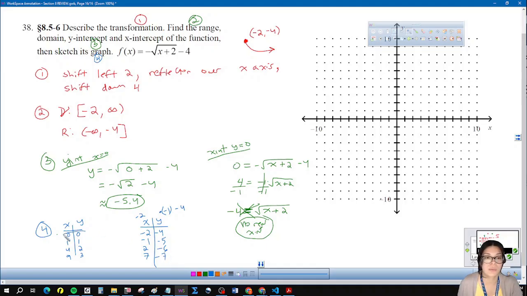And remember, this was your extrema before, so this is your new extrema, which is exactly at -2, -4, like we thought. So let's plot that, -2, -4. That's our extrema, so let's make it bigger. Then we have -1, -5, 2, -6, and 7, -7.